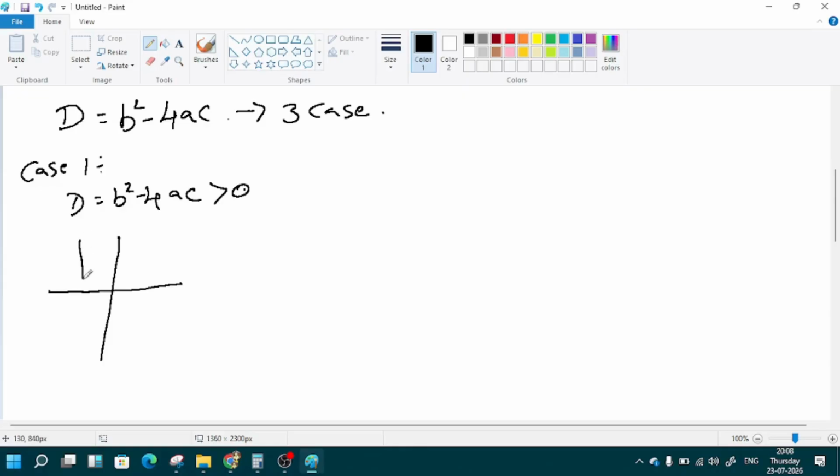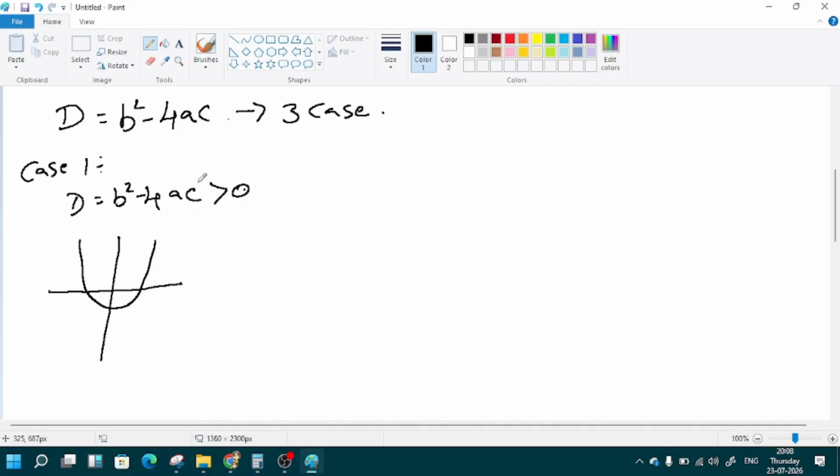When D equal to b square minus 4ac is greater than 0, your graph looks somewhat like this, opening upwards or opening downwards. It depends on the value of the coefficient a.